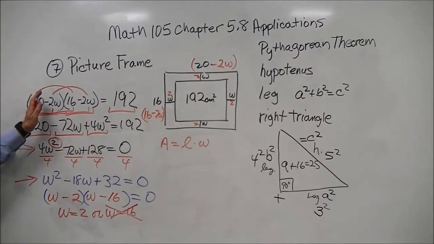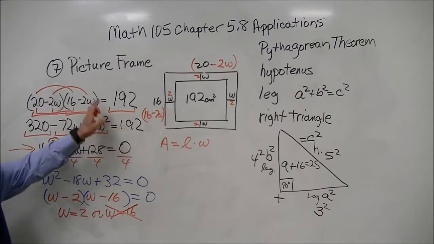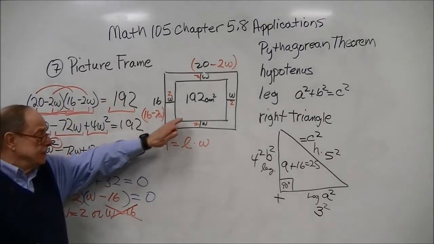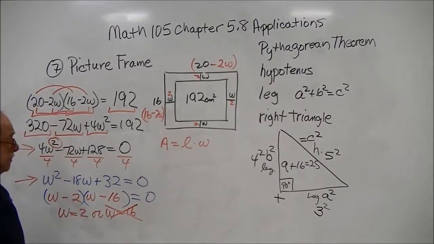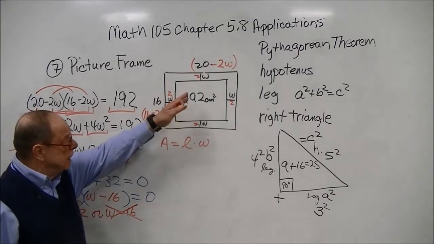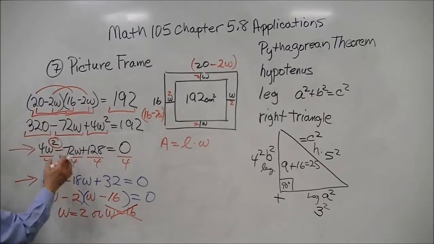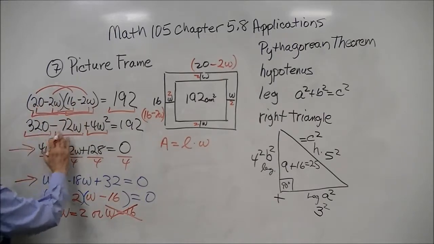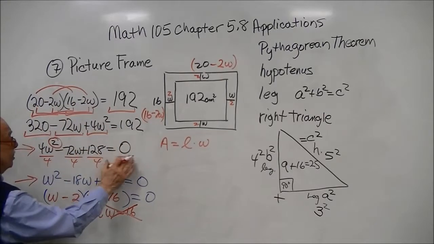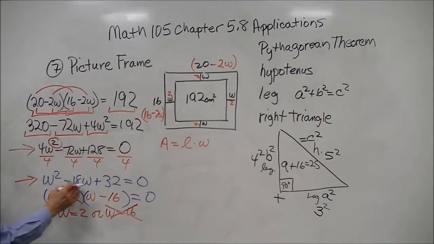And again, all they gave me was the original problem. I had to develop the technique of making a picture, figuring out I could have used an X instead of a W, or any letter, get my initial equation, FOIL it, put it in standard form, simplify it, factor it, get the answers, and then see if one answer makes sense and the other not, and that's what we found.